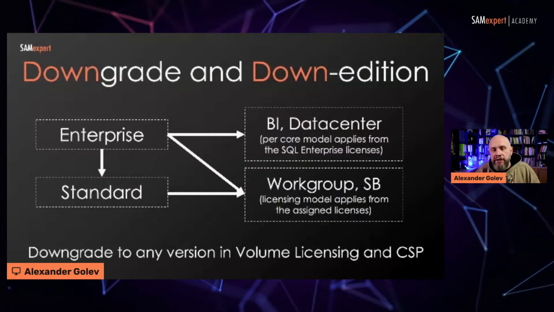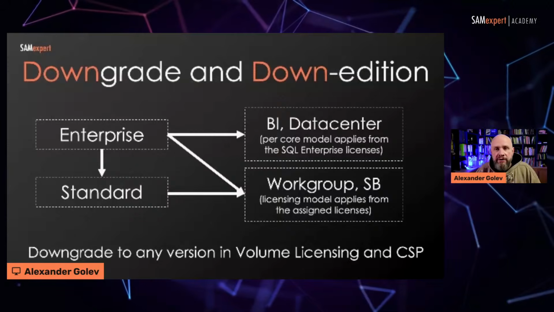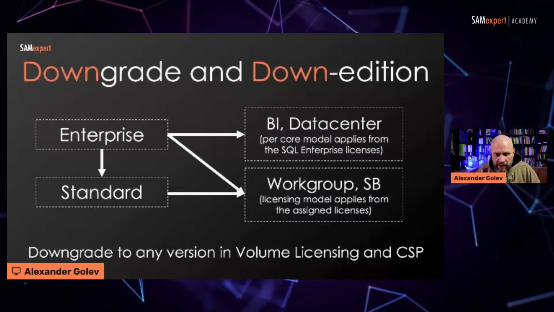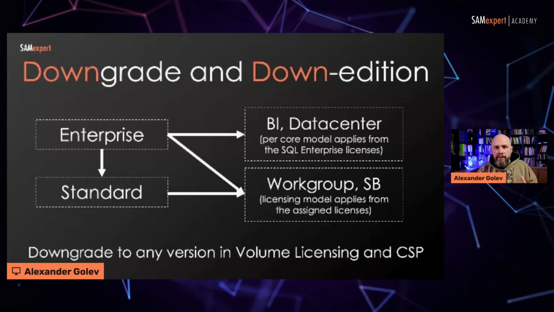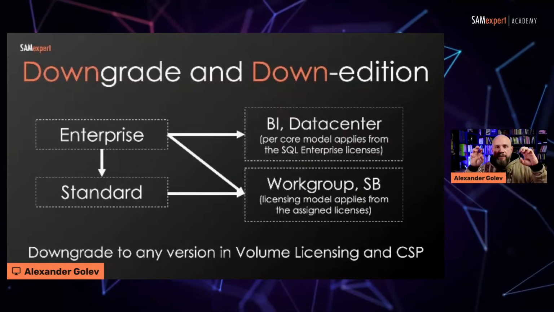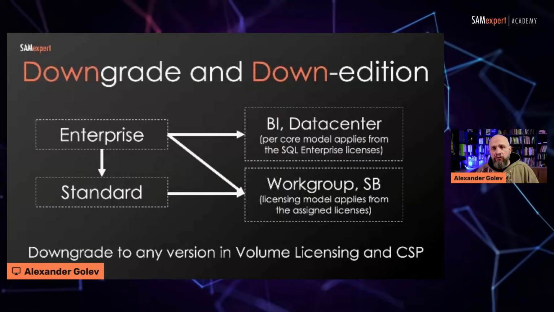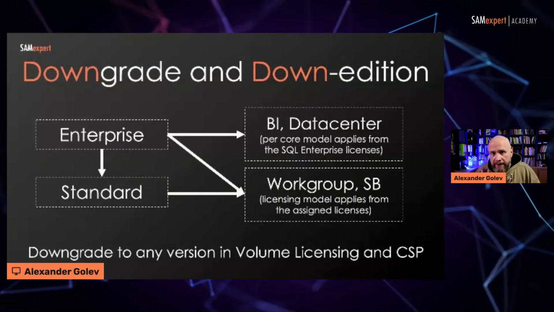In regards to editions, it's a bit more complicated. But the basic rule is that if you assign a SQL Server Enterprise license to a host, for example, you can run both SQL Server Enterprise and SQL Server Standard instances inside virtual machines on that host. So down editioning from Enterprise to Standard is possible.